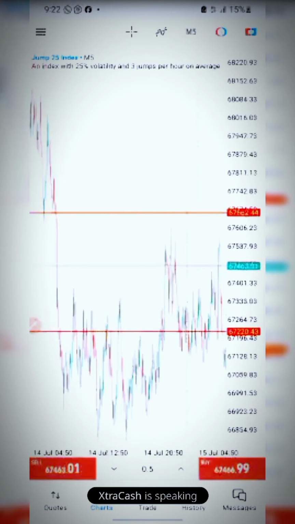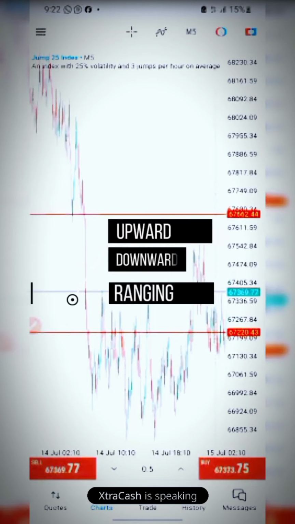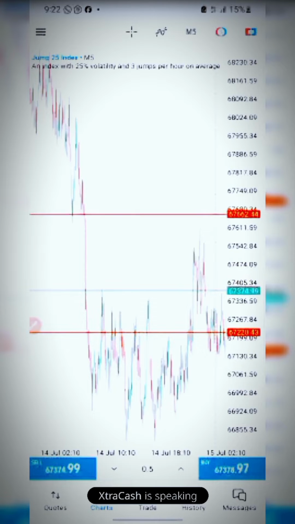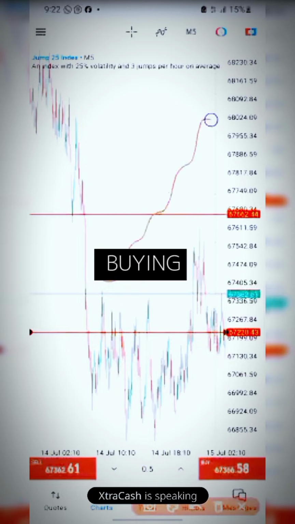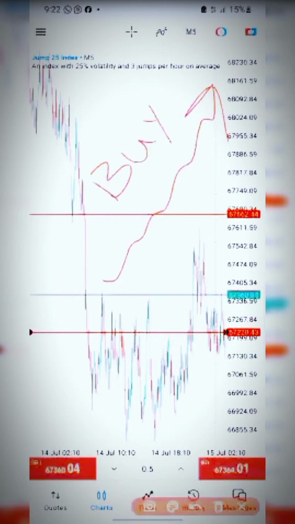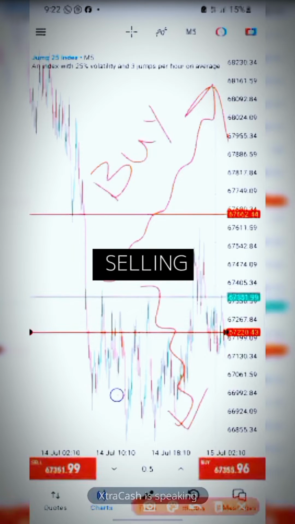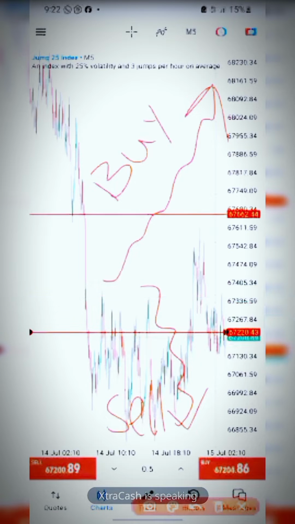So for forex trading, the market is either going up, down, or it is ranging. When we say market is going up, it means that market is buying. When market is going down, it means that market is selling.